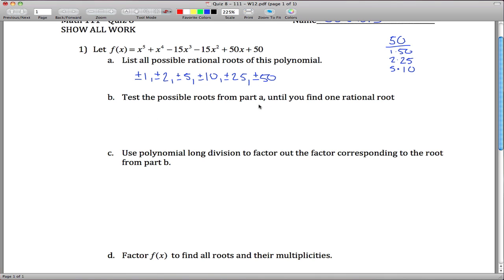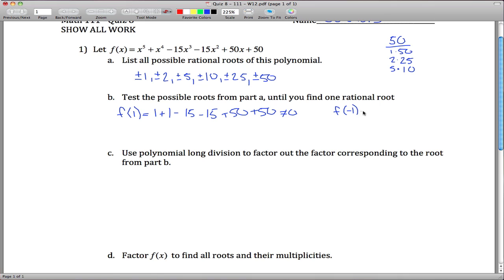Now we want to test these until we find one that works. Let's start with the ones. f of 1 is 1 plus 1 minus 15 minus 15 plus 50 plus 50. That does not equal 0.